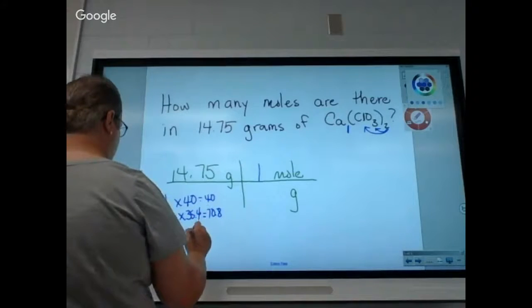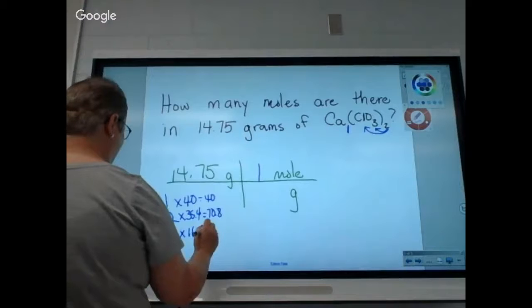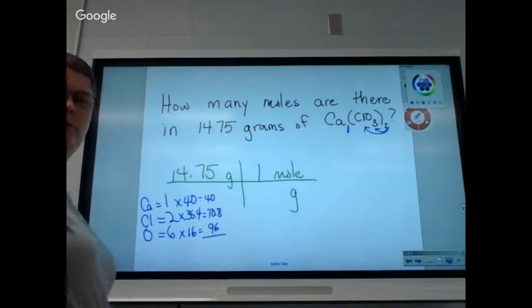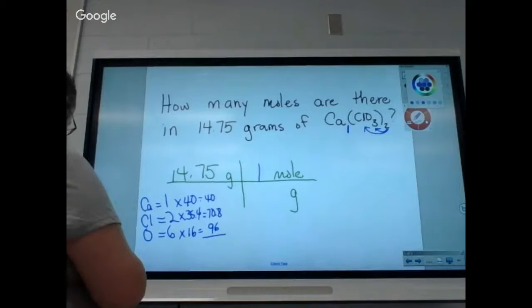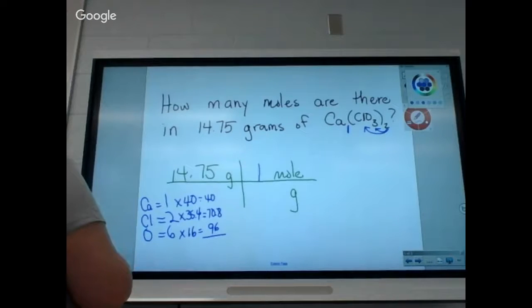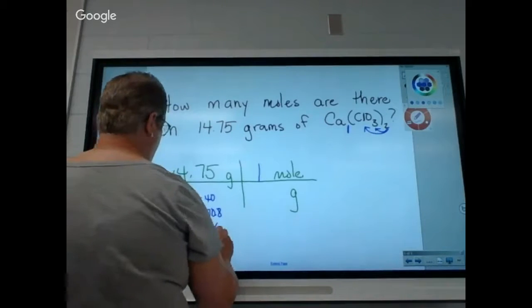What's 6 times 16? 32, 64, 96. I look at my sheet all the time. I get 206.8.